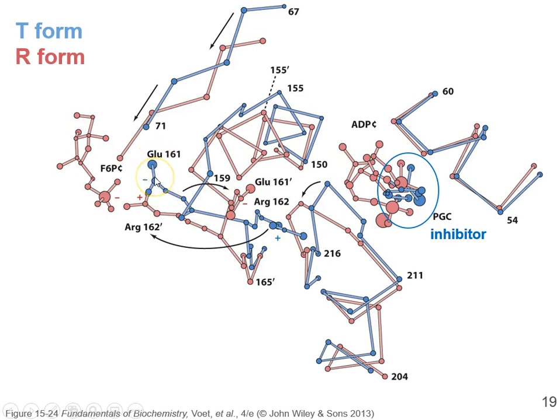So now we're in the T form, and the substrate's not going to be able to bind because the substrate is negatively charged, and if you put a negative charge in the active site, those charges are repulsive. So we no longer have that arginine in the active site, and now we have a glutamate instead. The fructose 6-phosphate doesn't bind because it's repelled by that negative charge.